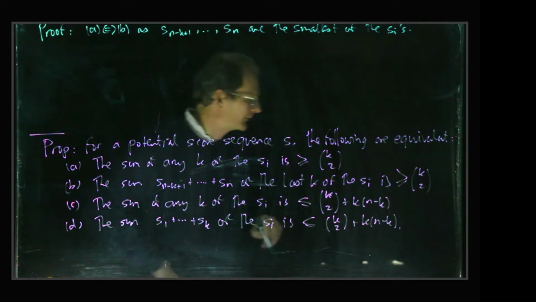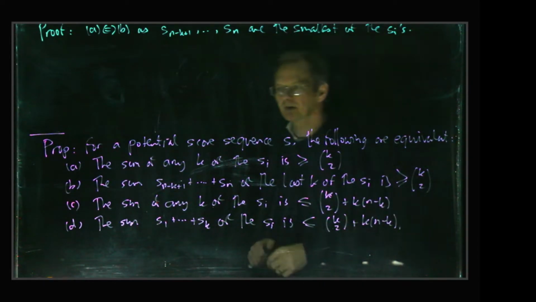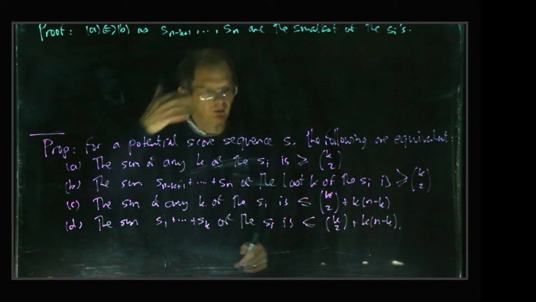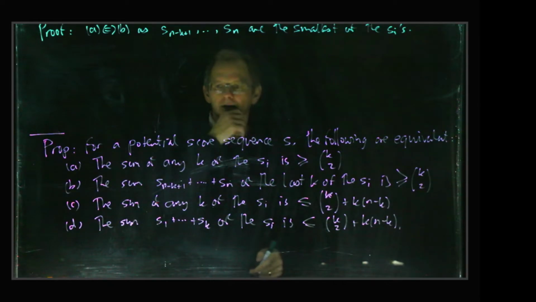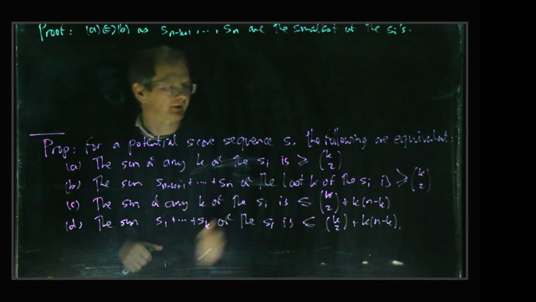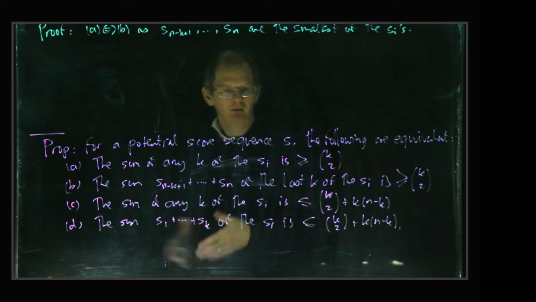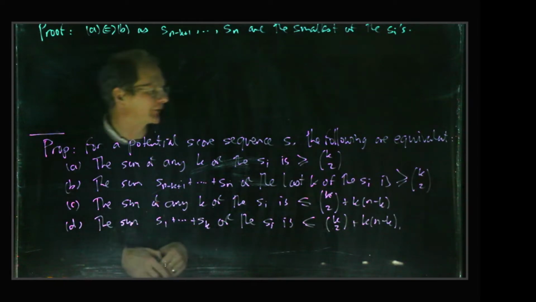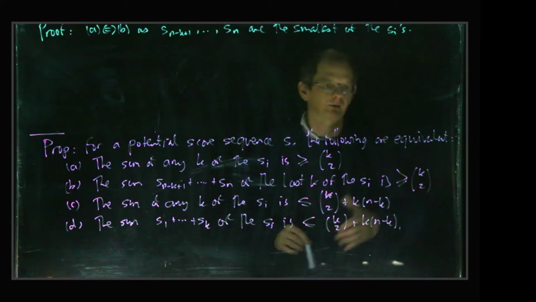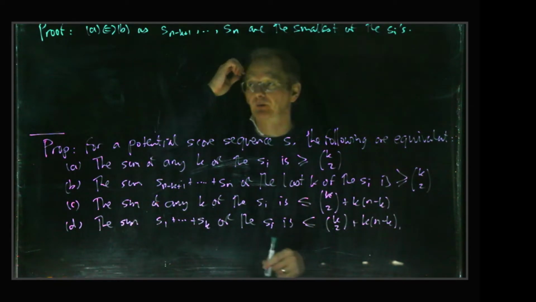Obviously if A holds, then B holds, because B is just a special case of A. And if B holds, then the sum of the smallest k of the SIs is greater than or equal to k choose 2. If you choose any other set of k of the SIs, then it's going to be bigger, because you're not using the smallest ones, you're using some slightly bigger ones. So it's still going to be greater than or equal to k choose 2. So that means that A is equivalent to B.